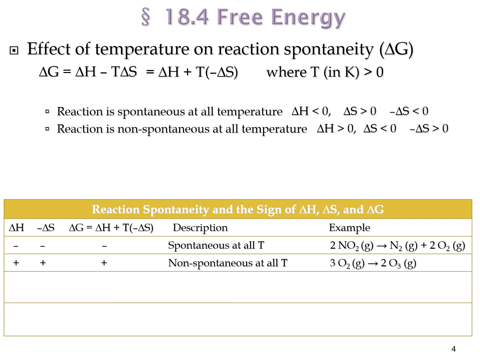A very good example is the reaction of oxygen to form ozone. This is a non-spontaneous process. But you may be puzzled why we have ozone. Everybody knows how important the ozone layer is in our atmosphere to protect us from the radiation of UV light.